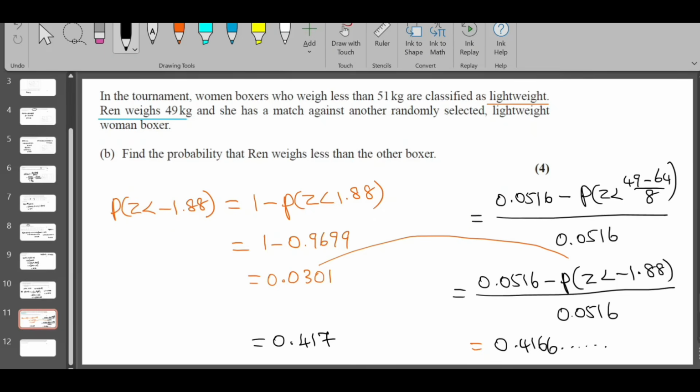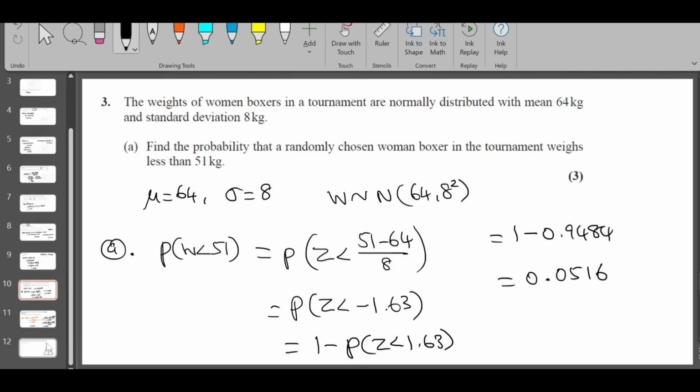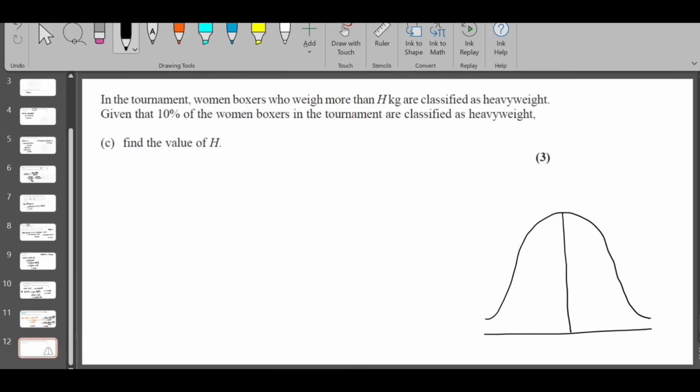That's all. Let's look at part C of the question. It's a 3-mark question. In the tournament, women boxers who weigh more than H kilogram are classified as heavyweight. We have a mean here, which is 64 kilogram. The heavyweight boxers, there are 10% of them.